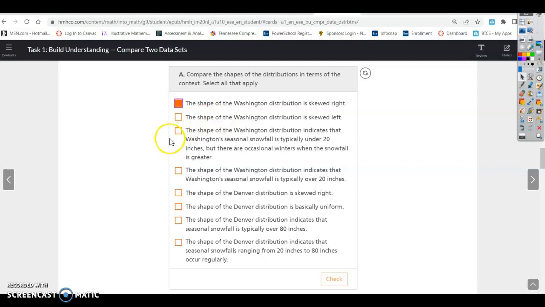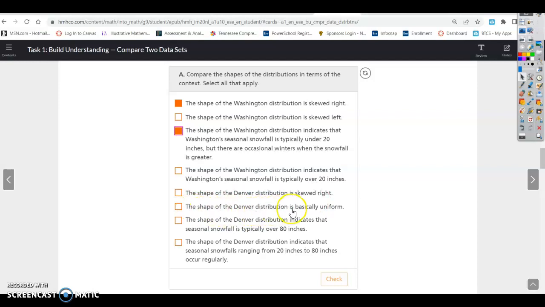So that one would also be true. Typically under 20, but occasionally it's greater, so that's true. The shape of Washington's distribution indicates that Washington's seasonal snowfall is typically over 20. That's not true. And the shape of Denver is skewed to the right.